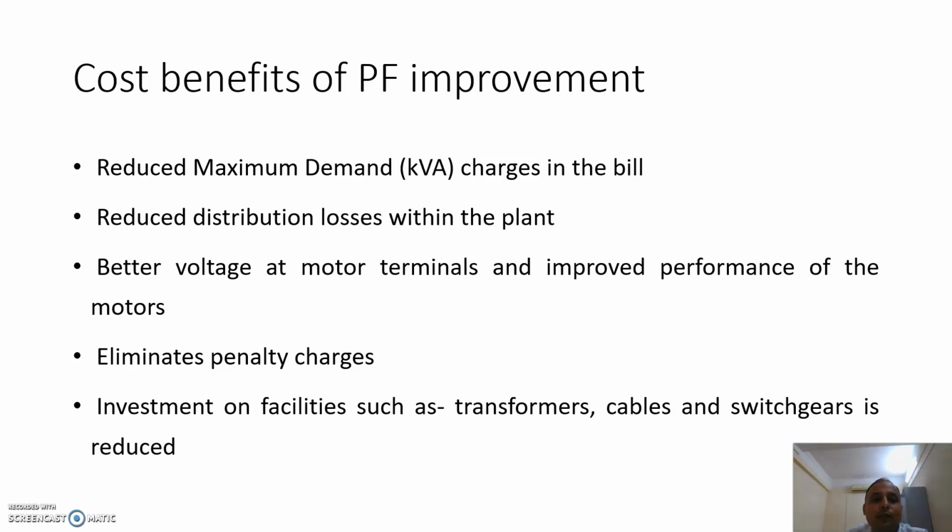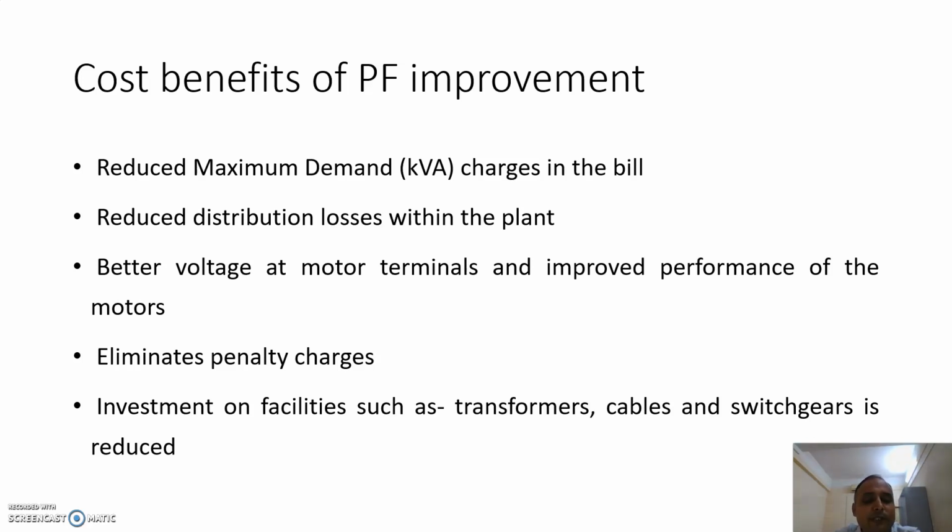So that can be improved. The power factor can be improved by installing capacitors, as mentioned already in the last lecture, and that eliminates the penalty charges which may be imposed on the user because of low power factor, and the power factor becomes higher in value.